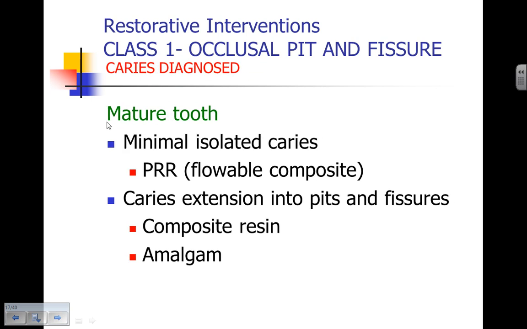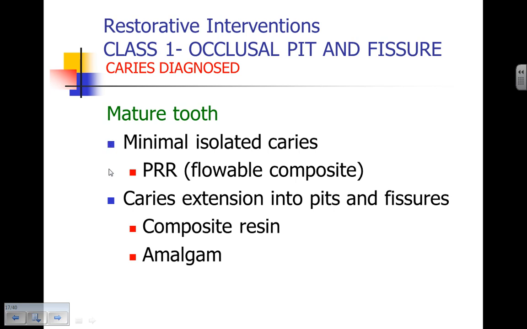The mature tooth, when caries is diagnosed for class 1 occlusal pits and fissure decay, we're doing the same thing. Minimally isolated caries, we're doing a minimally invasive cavity preparation design with a small burr, removing only where the caries is present in those isolated areas.